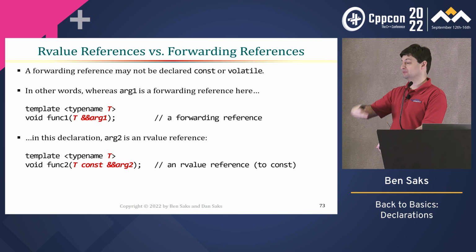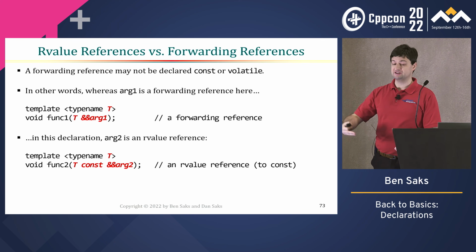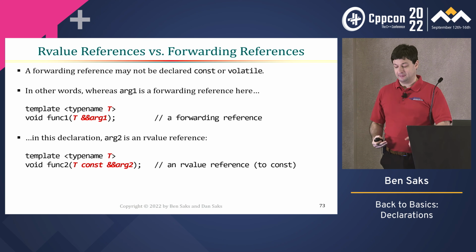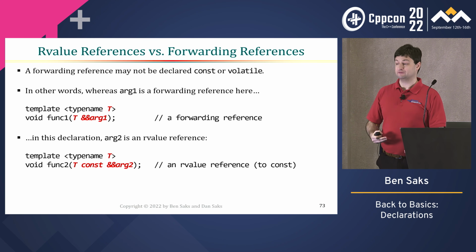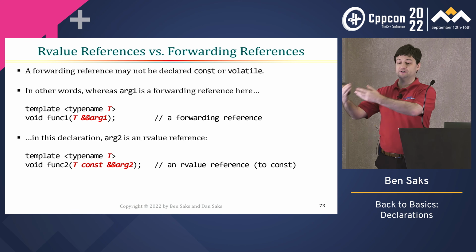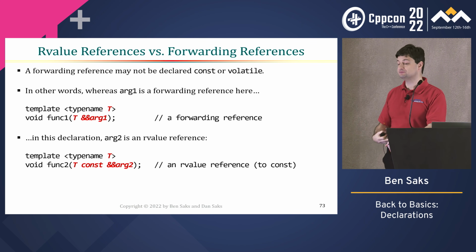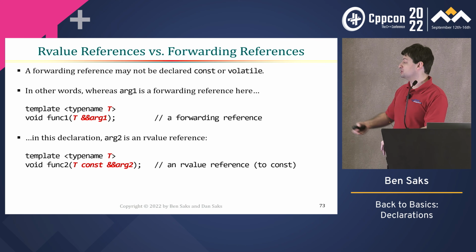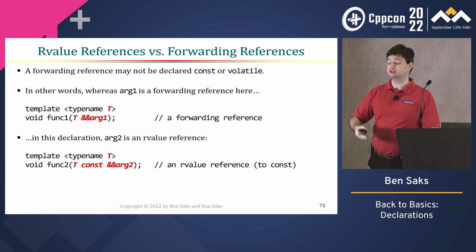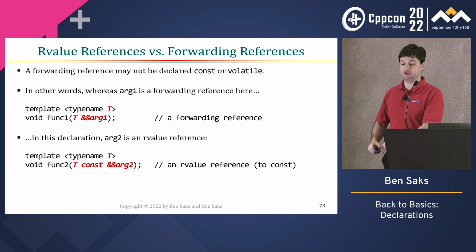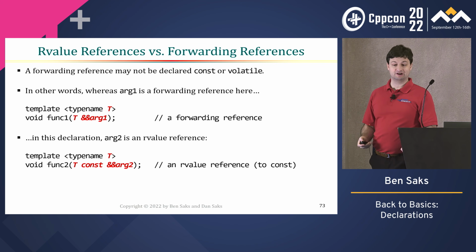They're not terribly helpful. Usually, the reason that we want an rvalue reference is because we want to identify something as an rvalue so that we can safely move from it, and we can't move from something that's const, but the language does allow you to write them. And if we were to write this, we'd be saying specifically that arg2 is an rvalue reference to const.